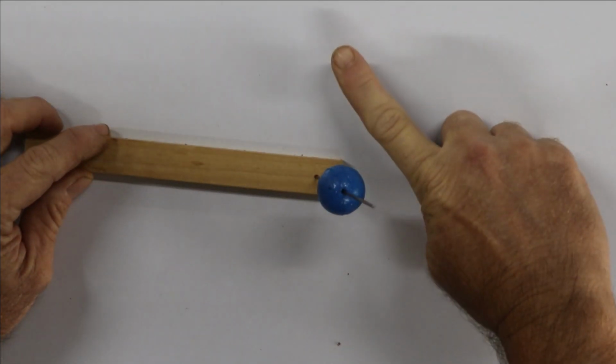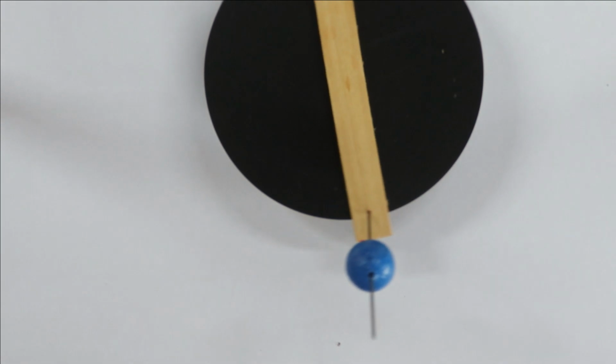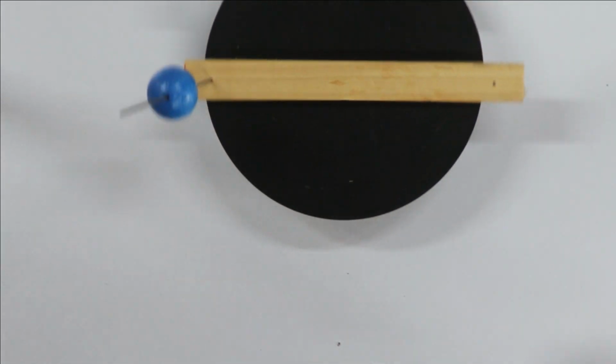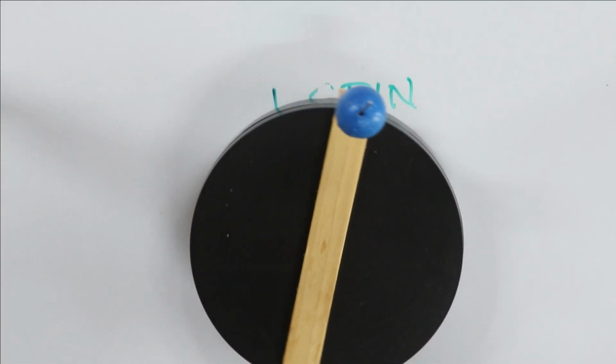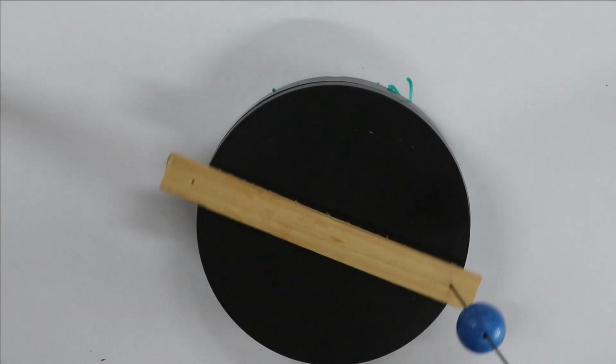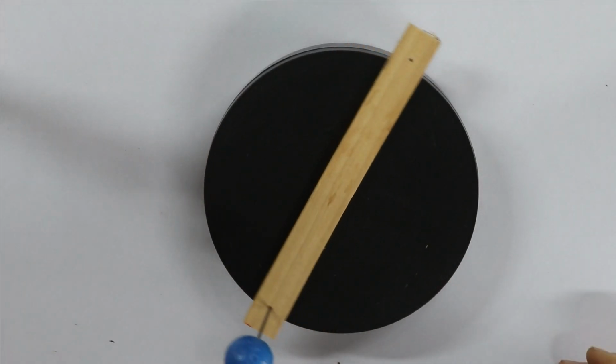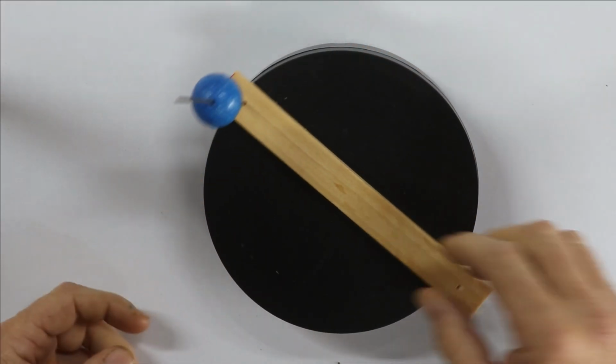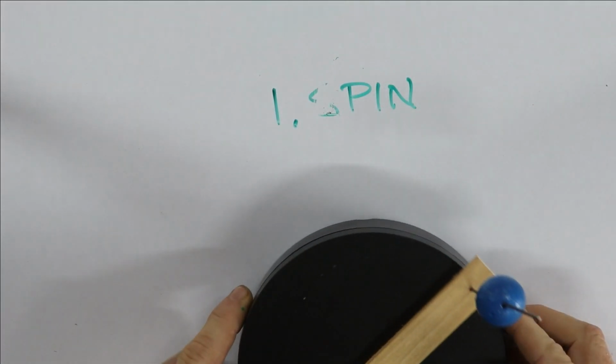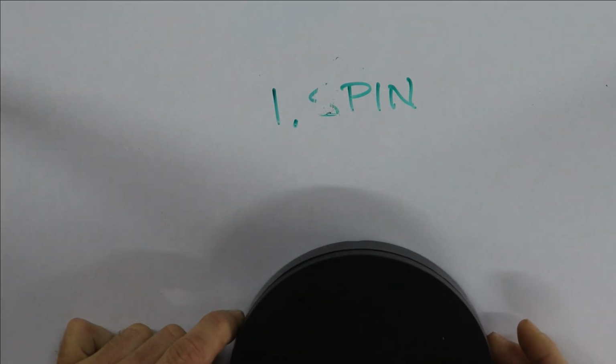That's motion one. Now, my plates, which rotate, let's have a look. Get it? Okay. You get that? That's an orbit. That's the orbit.